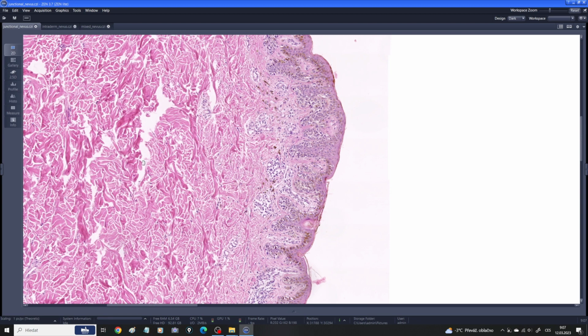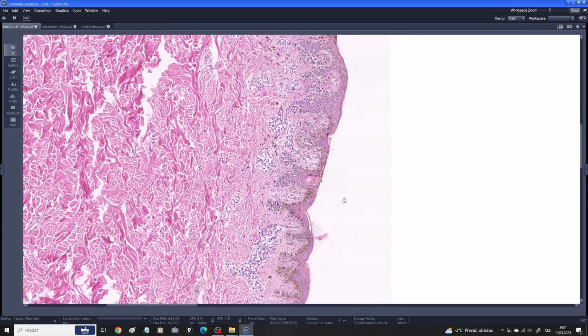This transformation, where the melanocytes look different in the deeper portions of the nevus compared to the upper portions, is something we call neuroid transformation or maturation of the nevus. And this is a typical feature of benign nevi, and you won't see it in melanomas. As I said, we will describe it in greater detail in the next slides. So these are the main characteristics that help you to differentiate a benign nevus from melanoma.